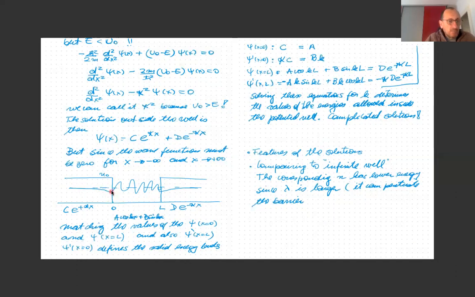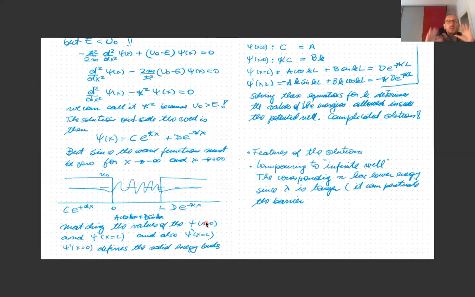Even if you apply it, the kinetic energy is proportional to the second derivative, and the second derivative of this exponential here will be almost nothing, okay? So this is the important point where you have changes in the second derivative. This is where you have kinetic energy and the oscillatory solution, and here you only have an exponentially decaying solution.